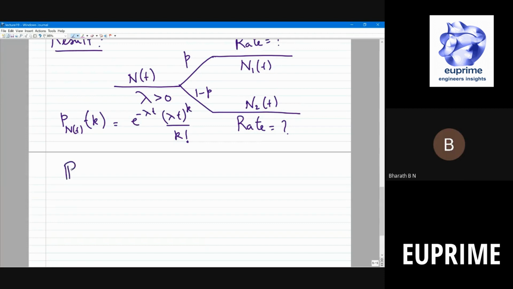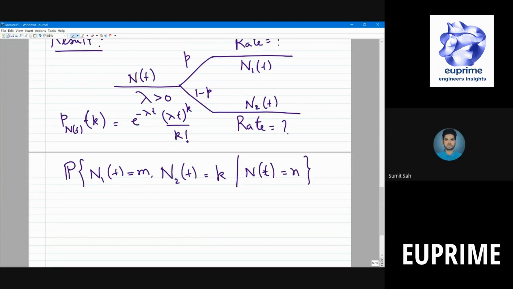I want to ask: what is the probability that N1 of t is some m and N2 of t equals k, given N of t is equal to n? That means I have n arrivals here, and I'm going to split this into two. Is that fine? Sir, N of t is the sum of N1 plus N2. Yes. So basically n is m plus k. Okay, is that fine?